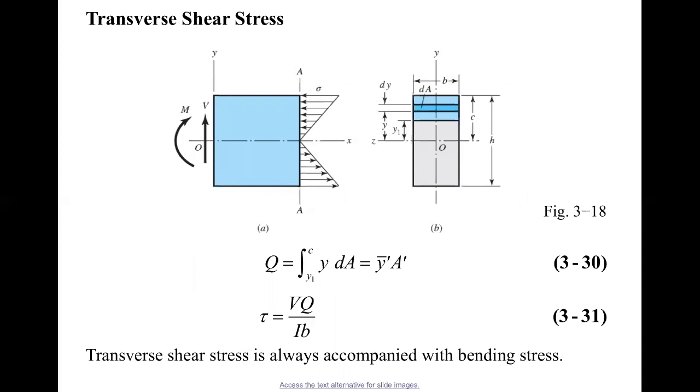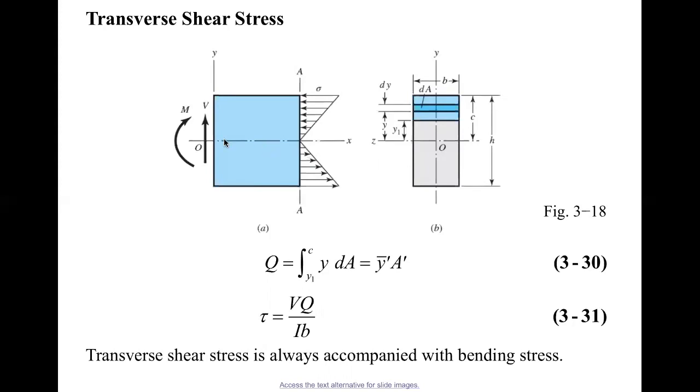In transverse bending, we'll always have the bending moment, and we'll always have the shear force. So the bending moment is going to cause the normal stress, and the shear force is going to cause the shear stress. So this is a normal stress because of the M.